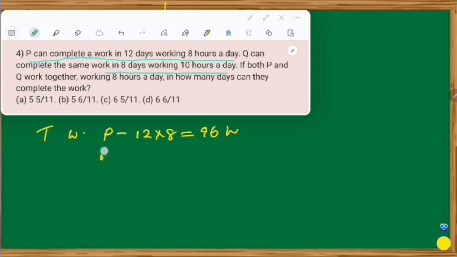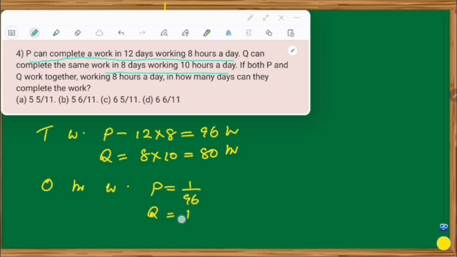Therefore, total work of Q is 8 into 10, that's equal to 80 hours. So we want to calculate 1 hour work of P. 1 hour work of P is 1 by 96. 1 hour work of Q is equal to 1 by 80.